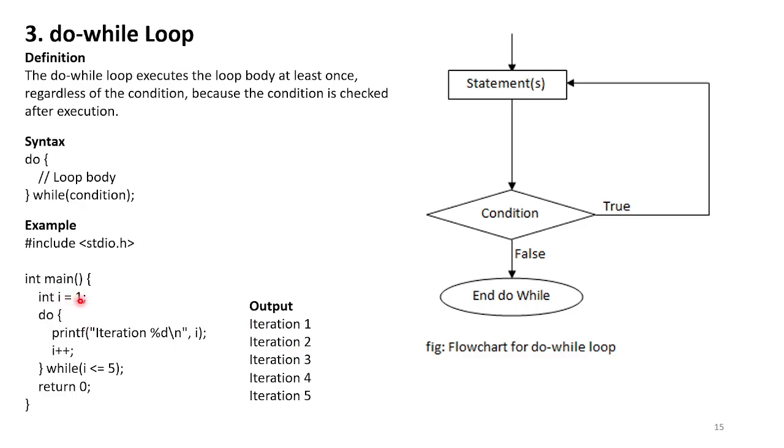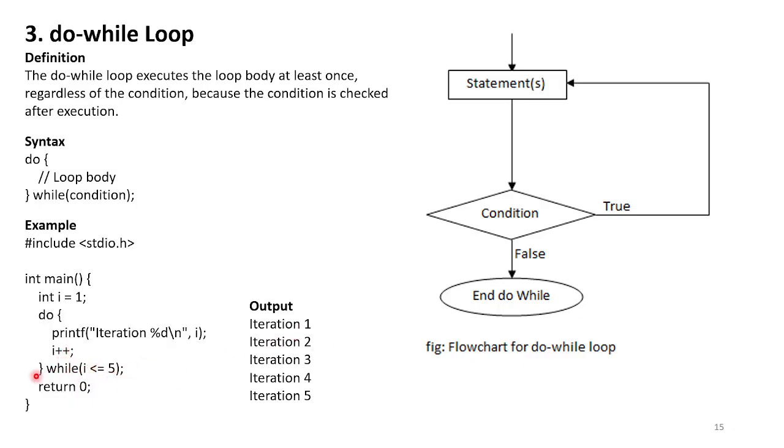Here int i equals 1 is declared and it's printing the value of i. How is it executed? 1 comes inside do. Inside this body, it simply prints the iteration, the value of i, meaning 1. Then it updates the value of i to 2. After that, it checks if 2 is less than or equal to 5. Yes, so it prints 2.